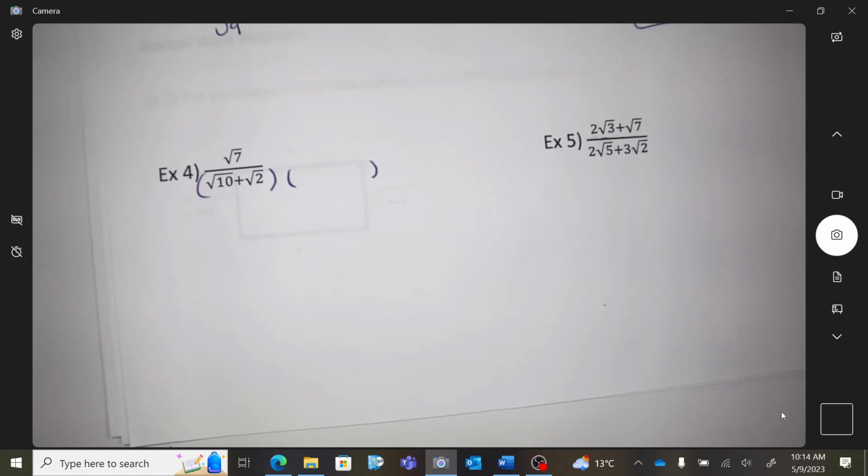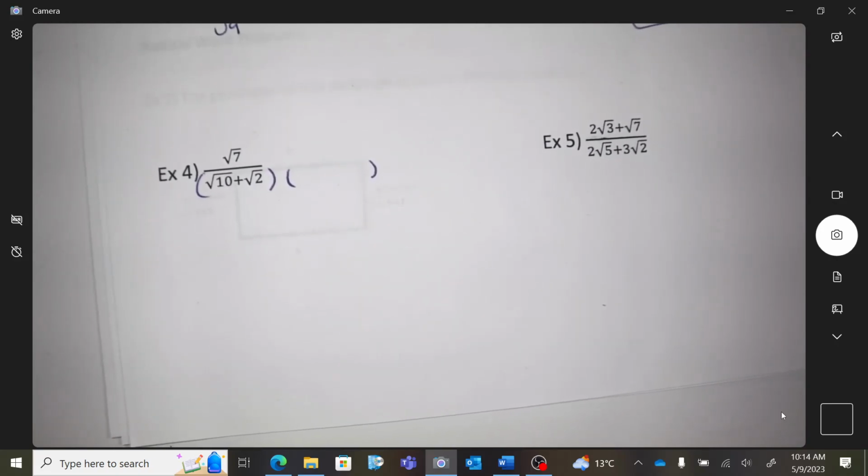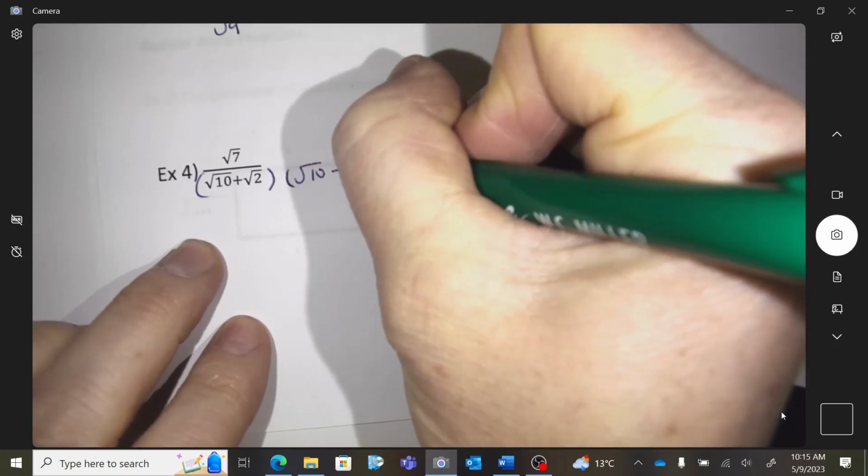What is the conjugate to this binomial? You have to write, remember what the conjugate was? The exact same thing you see, except for what? Opposite signs. So root 10 minus root 2.